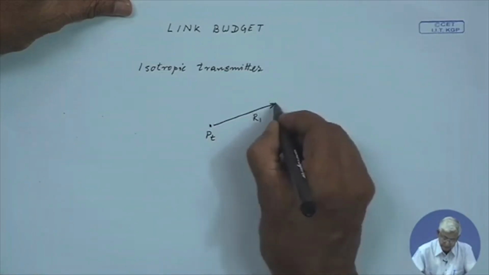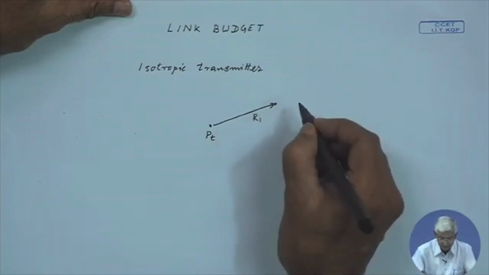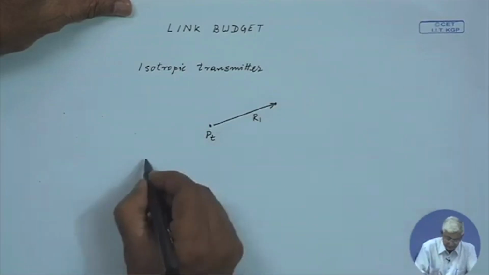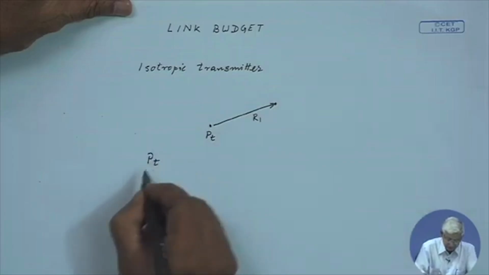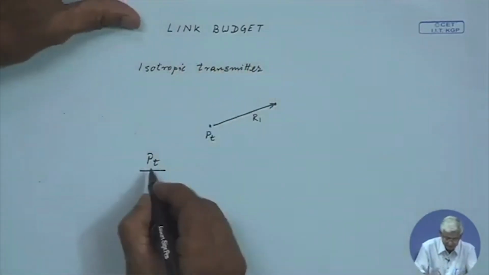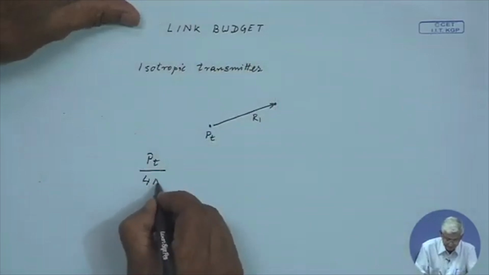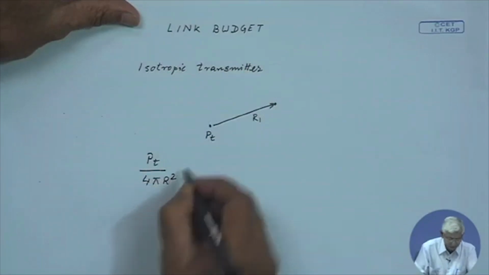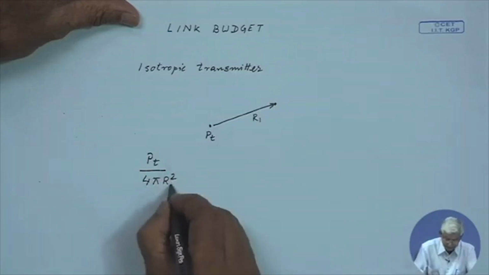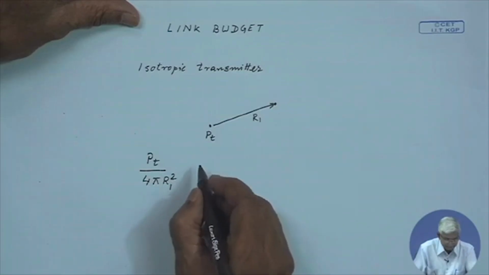So the power transmitted is PT, and the power at a distance, let us say r1, can be estimated as the power transmitted divided by the surface of the sphere, that is 4 pi r1 square.